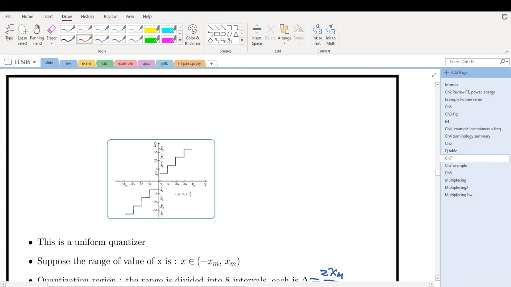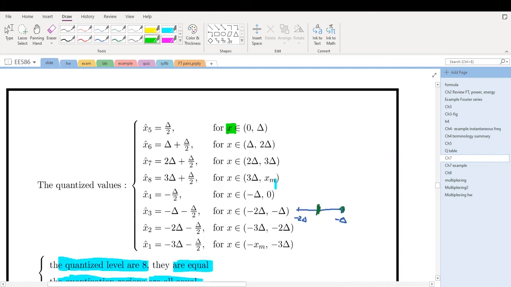And then let's look at a general case. This is an 8-level quantizer as well. If the signal value is in between 0 to theta, the level assigned is half theta. In this case, the error x tilde equals x, the value of the signal, minus x hat.